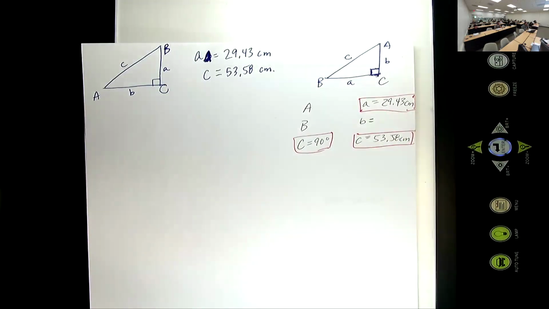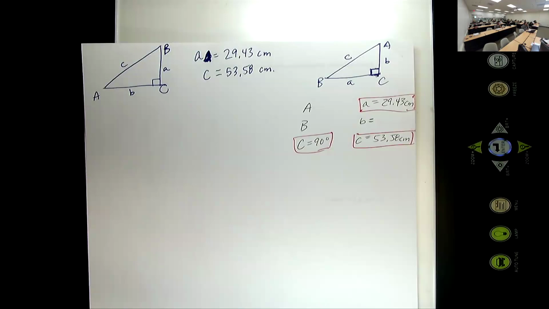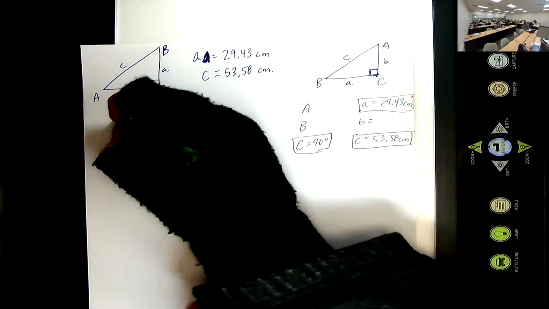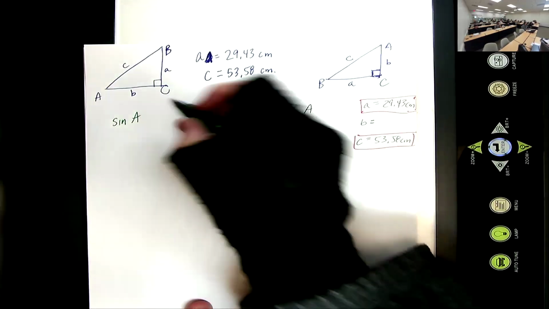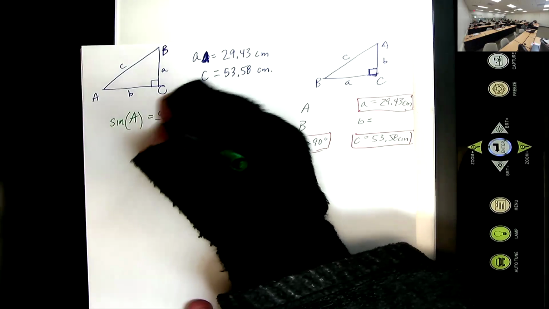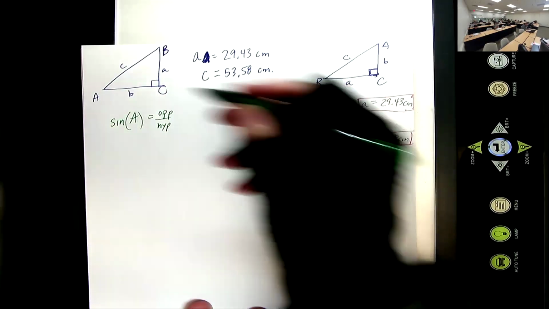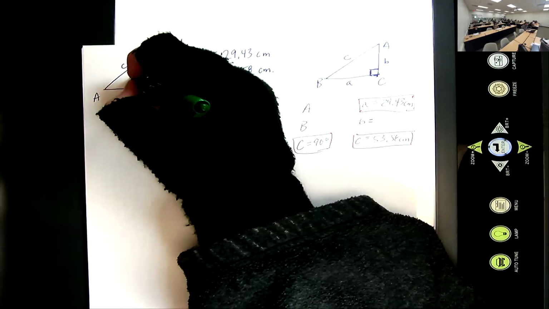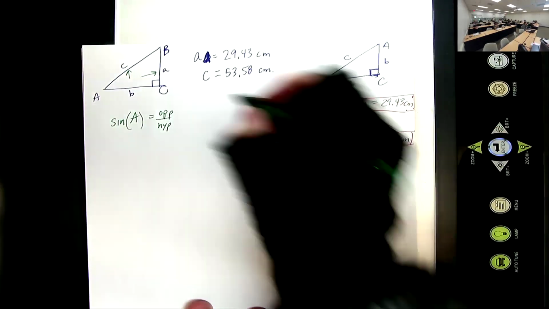Sine of A, right? Okay, you didn't say that, you just said sine. So sine of A. Sine of A would be opposite over hypotenuse. And that would be that and that, we do have those, that's a good choice.